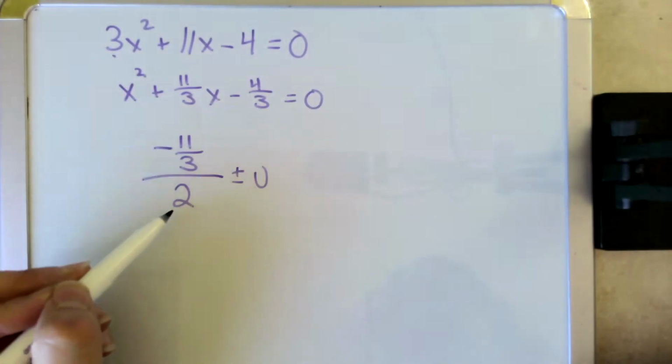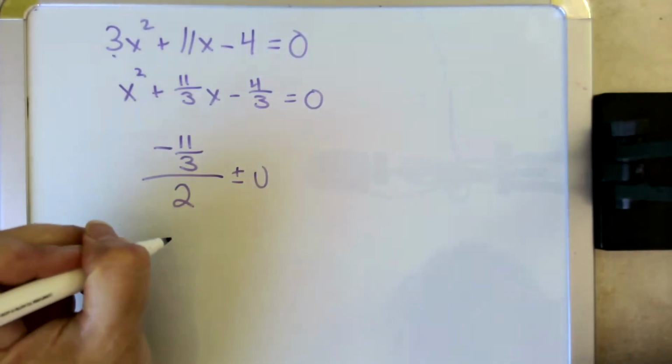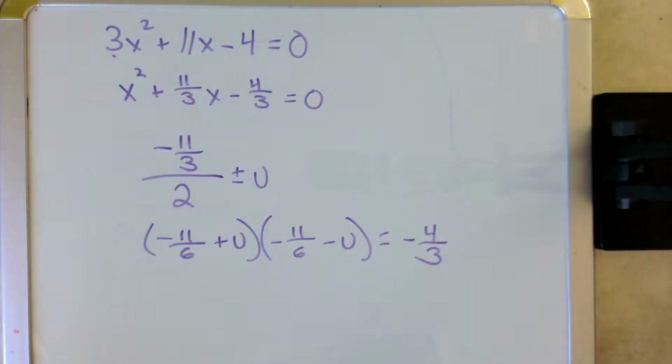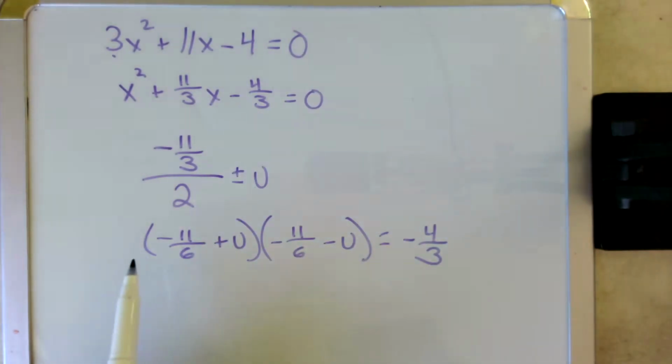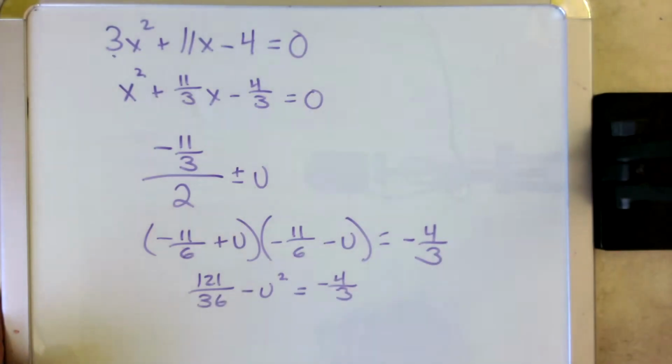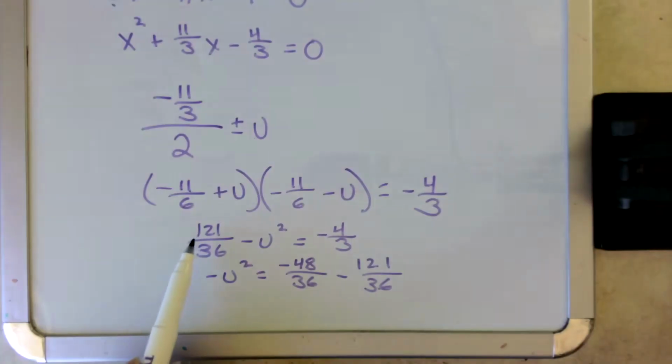I'm going to take those and simplify that. So negative 11 thirds divided by another 2. My one solution times my other solution has to be my c. Now I'm going to use my difference of squares to simplify this. So 121 over 36 minus u squared equals negative 4 thirds. Ugly, sure. Doable, absolutely. So I subtract my 121/36 over to this side.